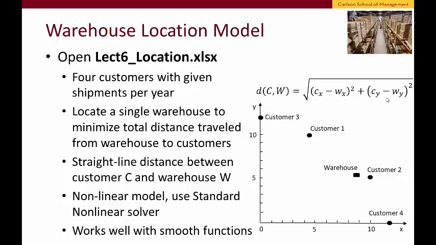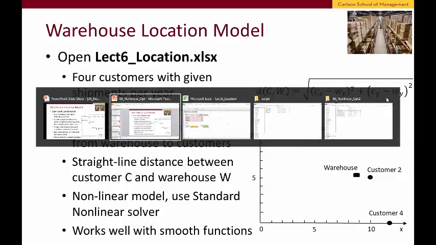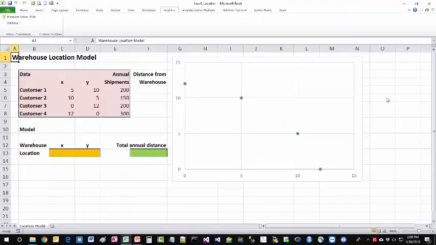Okay, a brief review. So let's open up the location model right here and briefly review the annual shipments that will act as the weights, as well as the actual coordinates shown here. Customer 1, for example, is 5, 10, this guy here, and the other customers are located at these other points.